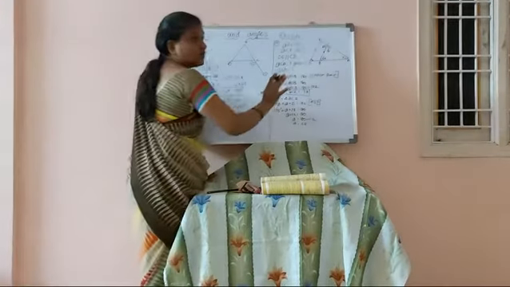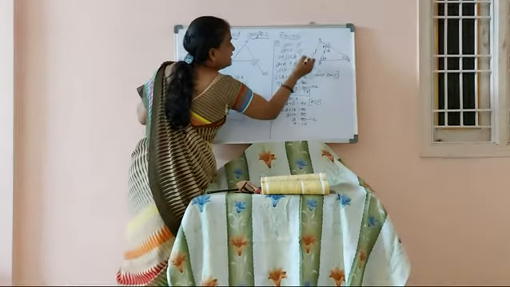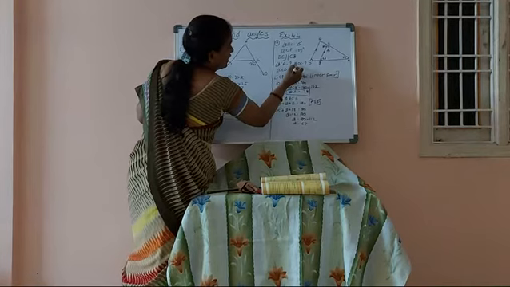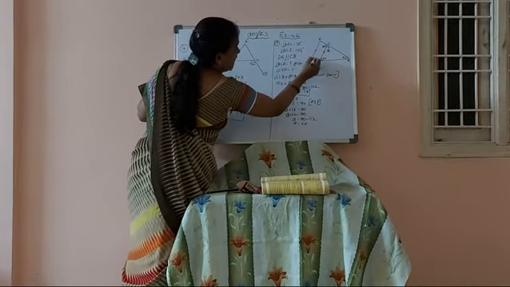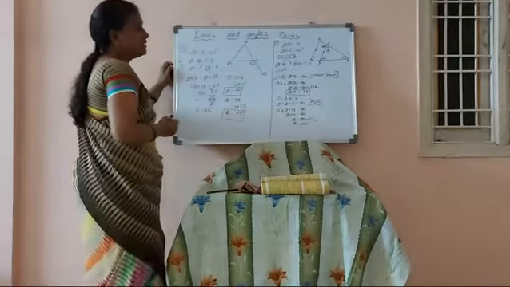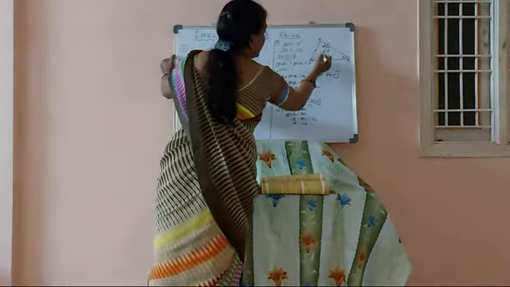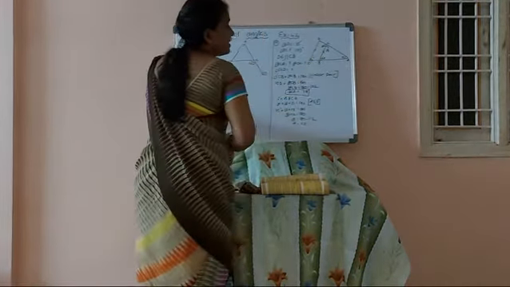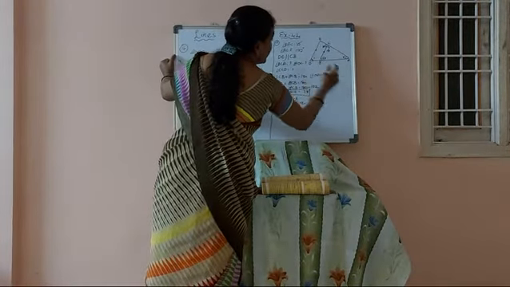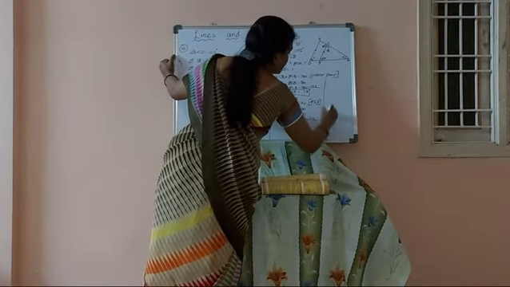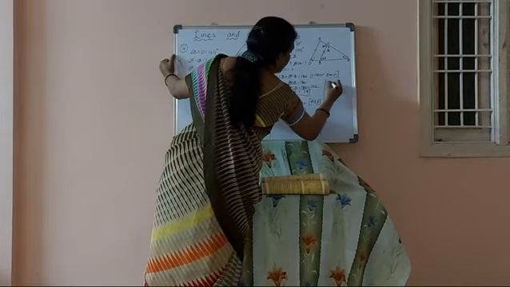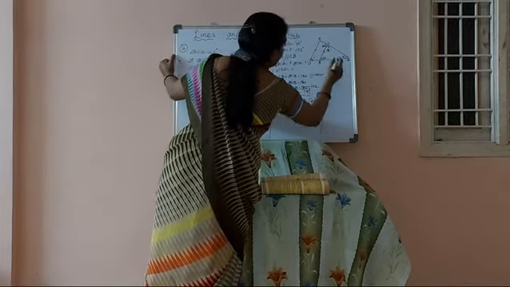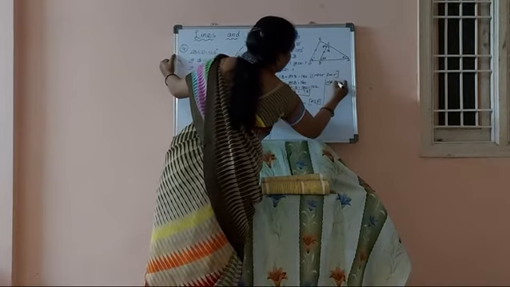We don't want this one. We want EDA. ADE or EDA, both are the same. If you observe, these two are parallel lines. Angle EDA is equal to angle CBA. Why?